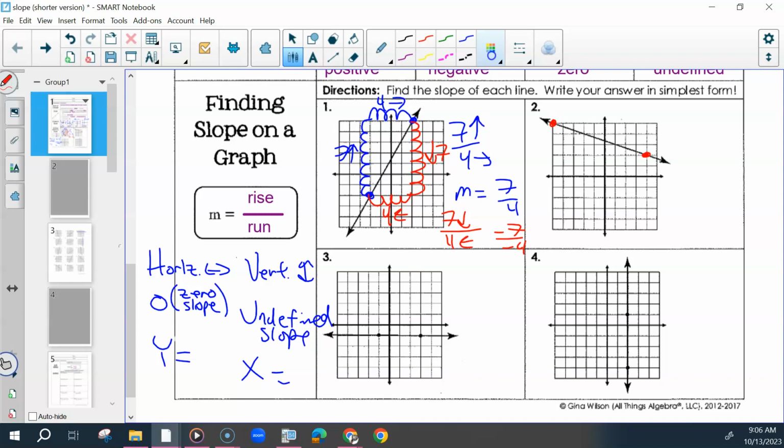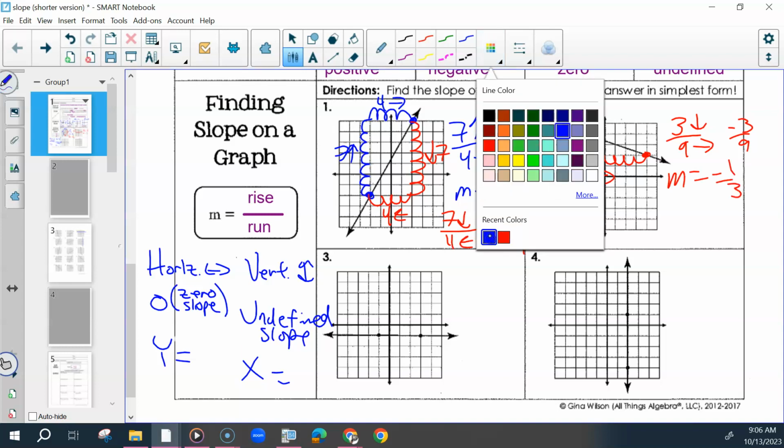Let's say I'm starting at this point. My rise, I'm going down 3 units. And how many units to the right? 9. So because we're going down 3, that would be a negative 3 over 9. But we can also simplify this to what? Negative 1 over 3.